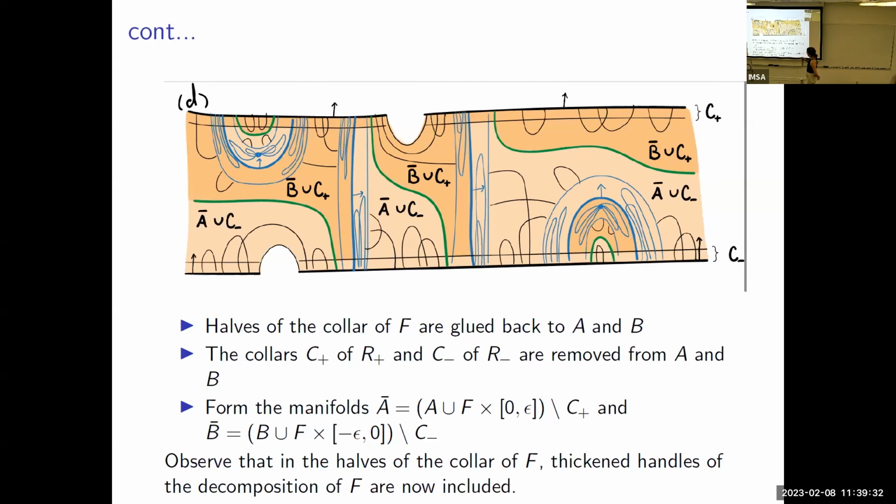And to A bar we add the collar of R minus, and to B bar we add the collar of R plus.